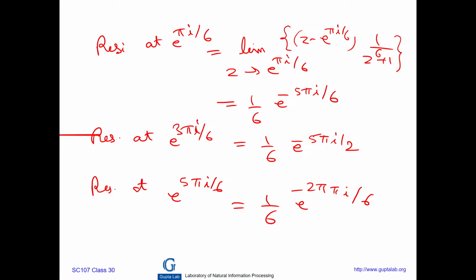Now I can apply the formula that integration along C f of z dz is equal to sum of all these 3 values, right? Sum of the residues.